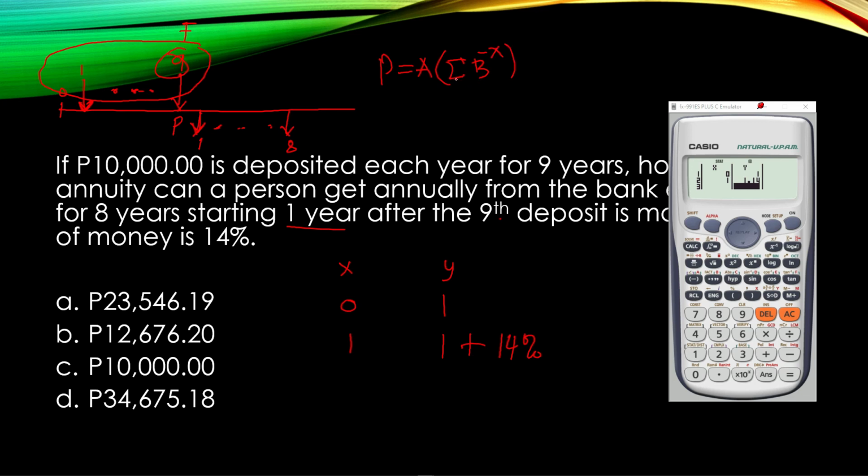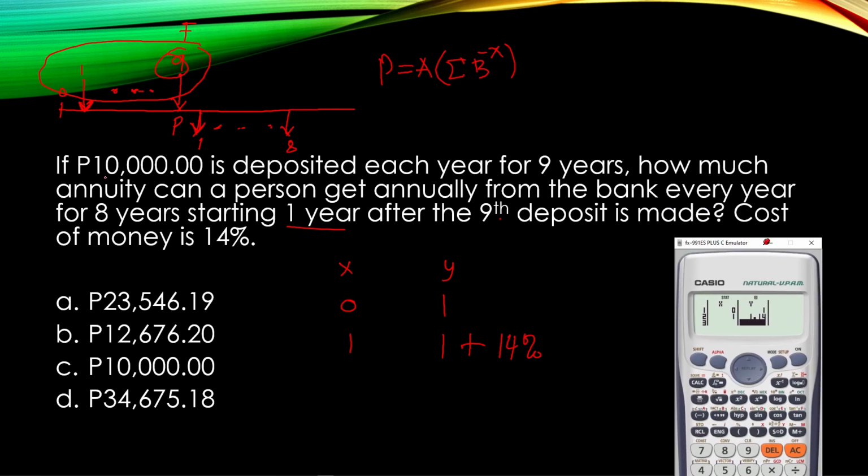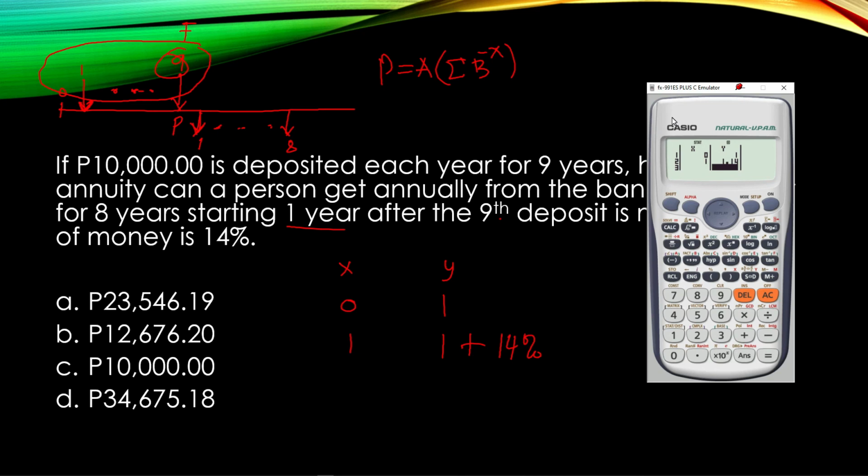Summation of B hat. Pero, meron na tayong 10,000 na A. So, mahahanap natin yung P. Hanapin muna natin yung P. So, we have summation, shift AC, summation of B raised to the power of negative x.